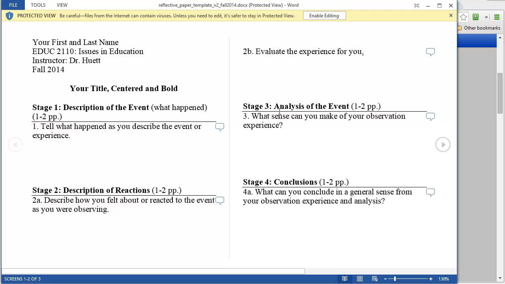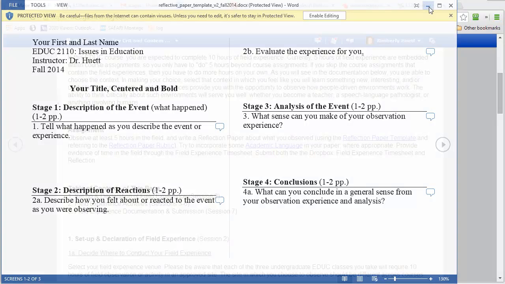I think the advantage is that you get your event down in detail and your reactions to that event, and then you can take a step back and coolly analyze the event. I think there are some advantages to that. So again, recommendation: do stage 1 and 2 in an ongoing fashion as you do your observations. Okay.